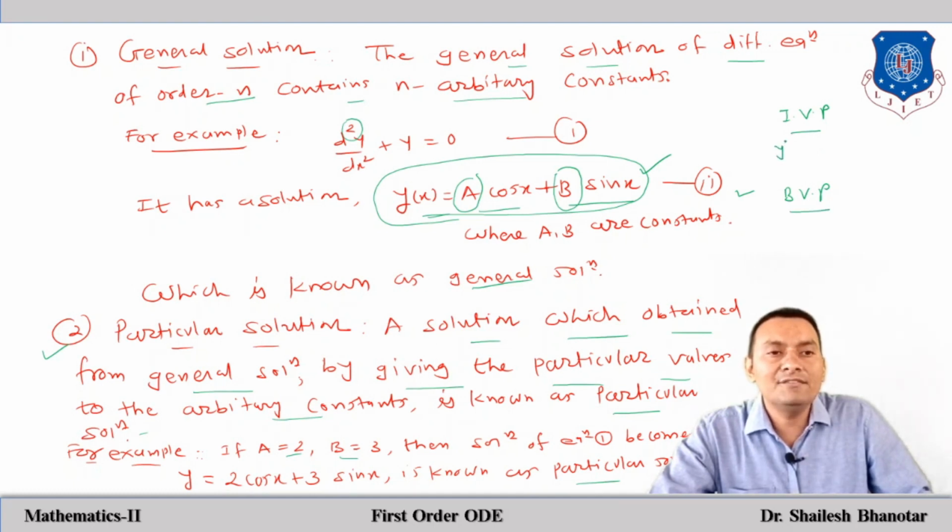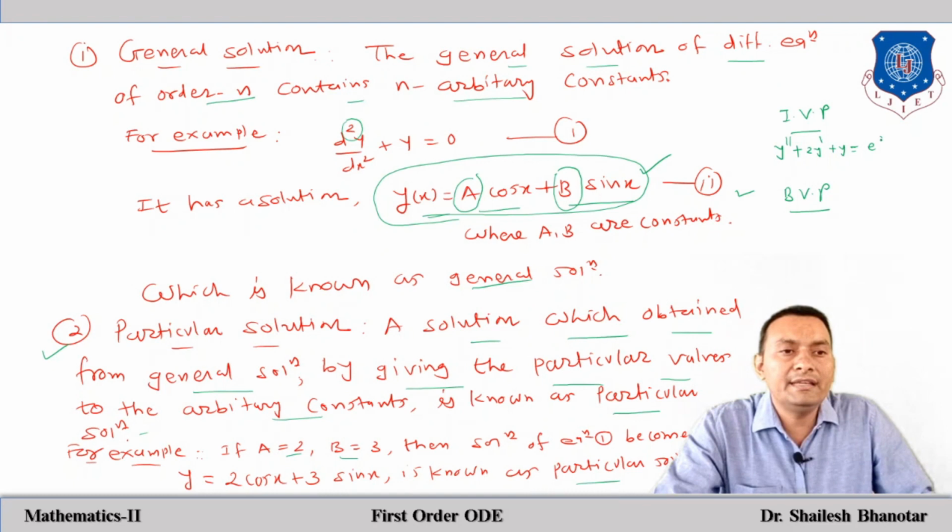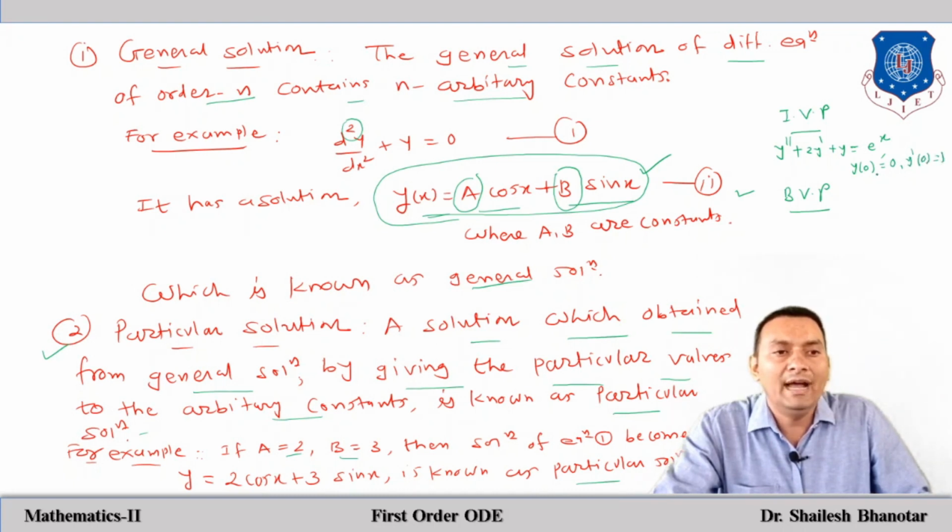IVP means, if I say y double dash plus 2y dash plus y is equal to e raised to x, but with the conditions that y of 0 is equal to 0 and y dash at 0 is equal to 1, these conditions are specified at a particular value, that is x is equal to 0, the same for both conditions, and therefore it falls into the initial value problem.